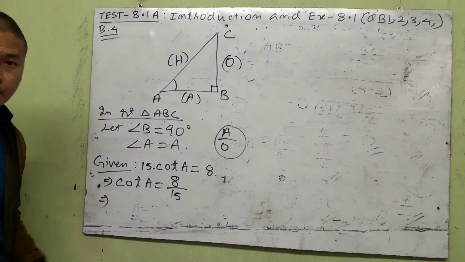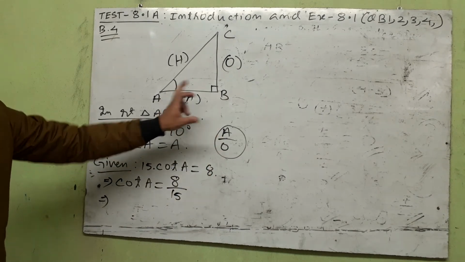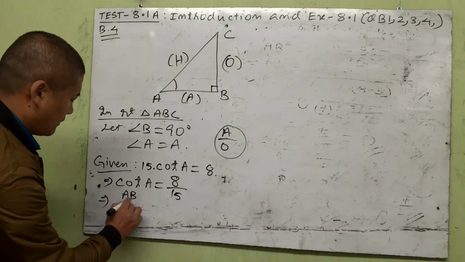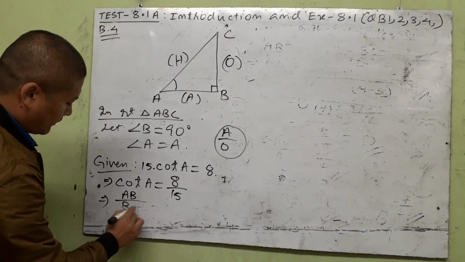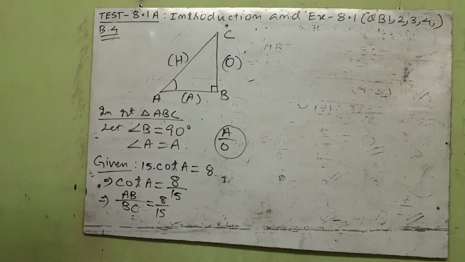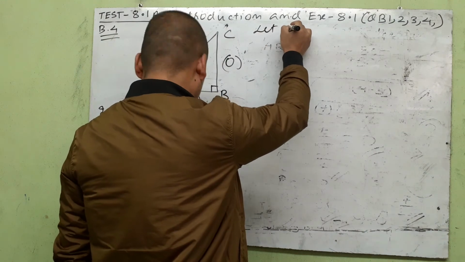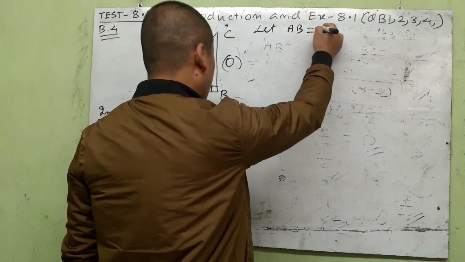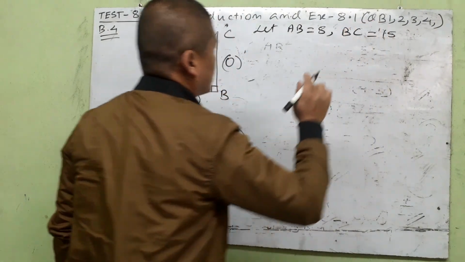By now it's easy, so I'm not explaining anymore. So adjacent is AB, by opposite, BC. AB by BC is 8 by 15. So let us assume now numerator AB equal to 8 and denominator BC equal to 15 units.